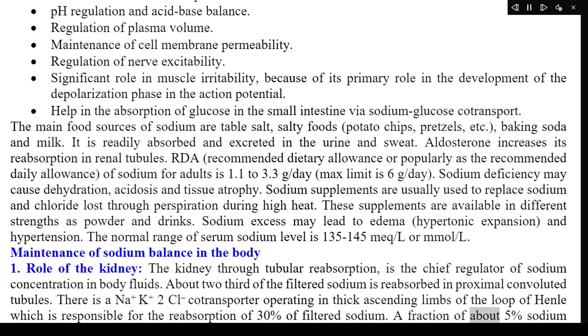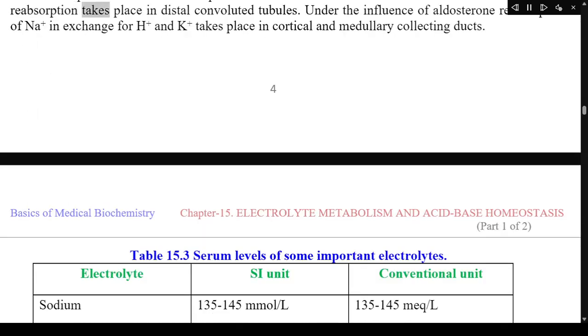A fraction of about 5% sodium reabsorption takes place in distal convoluted tubules. Under the influence of aldosterone, reabsorption of Na+ in exchange for H+ and K+ takes place in cortical and medullary collecting ducts.